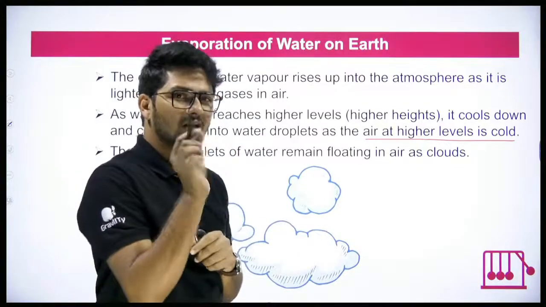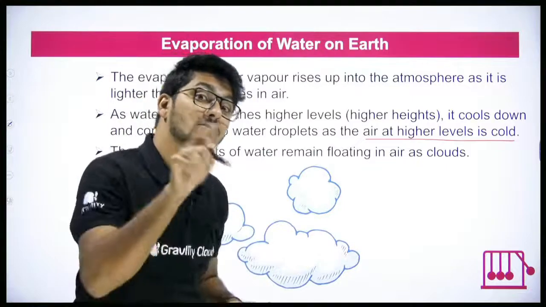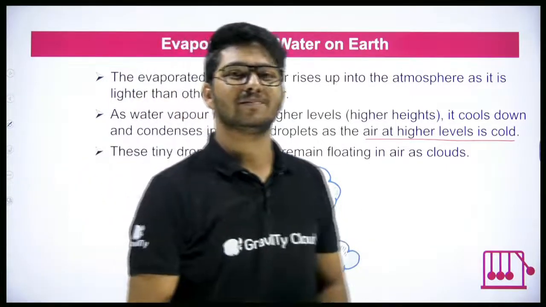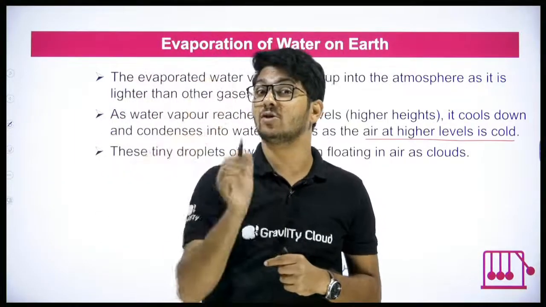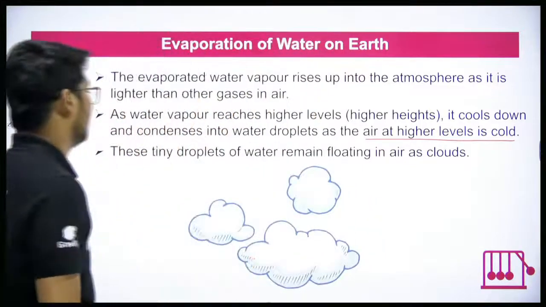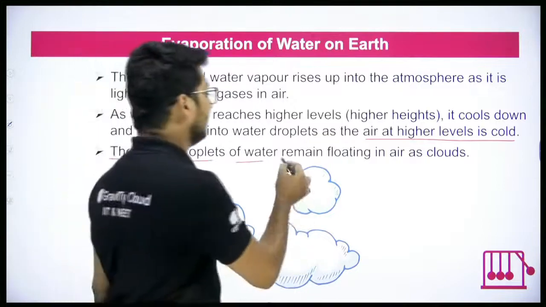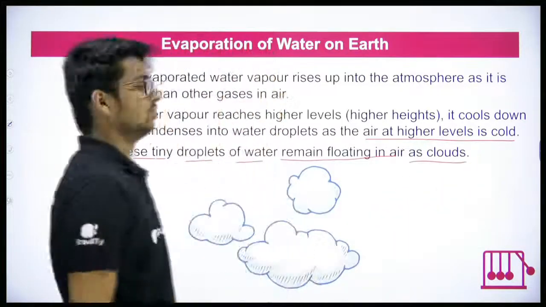Now these water droplets will not be big, they will be very, very small. They will be so small that they can float in air. The water droplets up above will be so small that they can float in air. And how do they float in air? These tiny droplets of water remain floating in air as clouds.